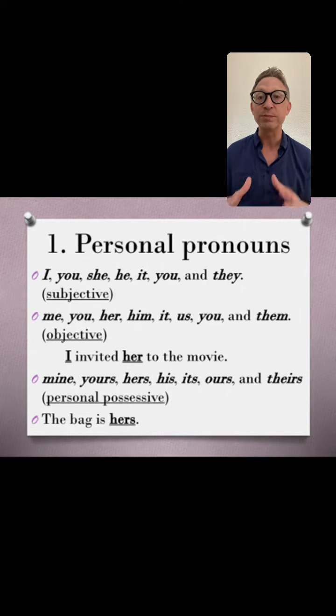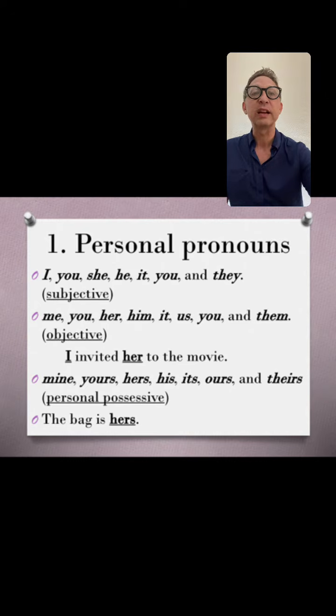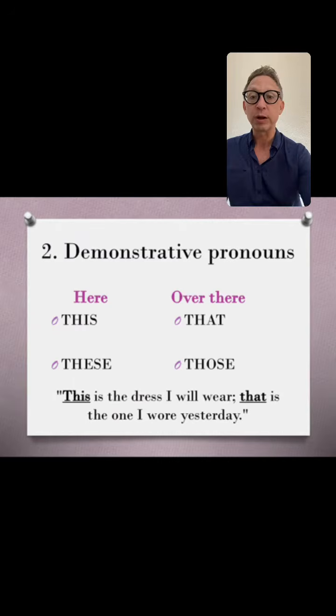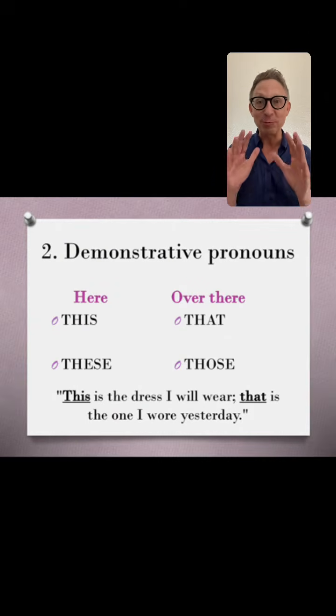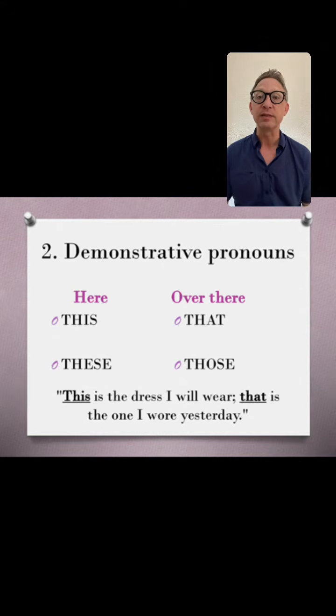That hers means her bag. The bag is ours. It's our bag. We own the bag. It's ours. So that's the possessive pronoun. I think a lot of us understand that. We're going to get into more difficult situations. So hold on. If this is easy, wait, because it'll get a little bit more difficult when we get to double negatives and how to express the negative form of pronouns in some cases.